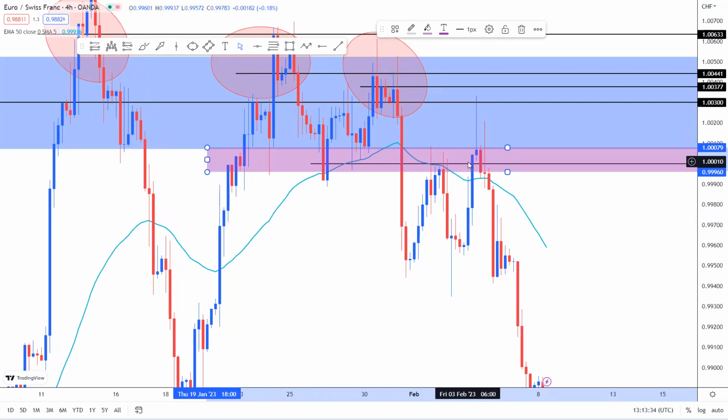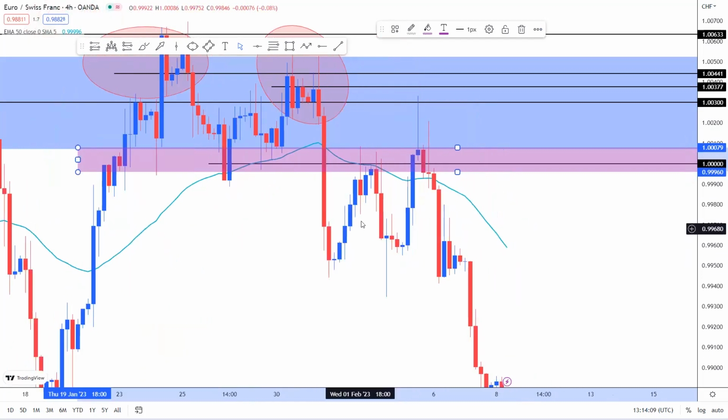Also, from the 4-hourly time frame, you can clearly see we didn't just have the clear sell-off breaking a previous market structure, the sell-off also clearly broke below the exponential moving average. And now, since we're below the exponential moving average, every time we test the exponential moving average, we would expect it to act as dynamic resistance.